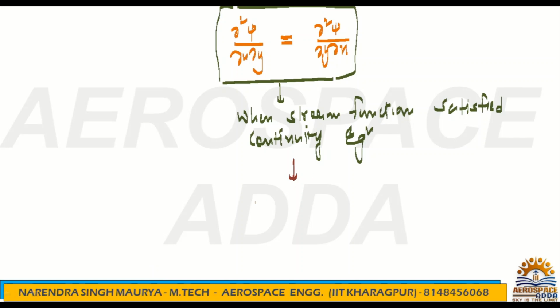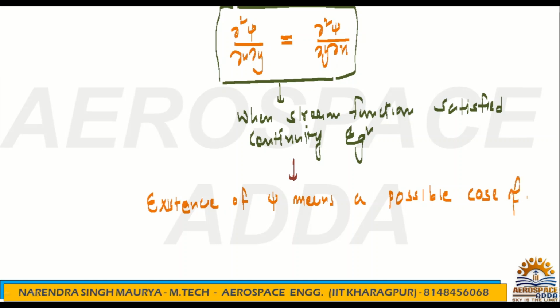You need to remember the existence of psi, which is nothing but a stream function. Existence of psi means a possible case of fluid flow.